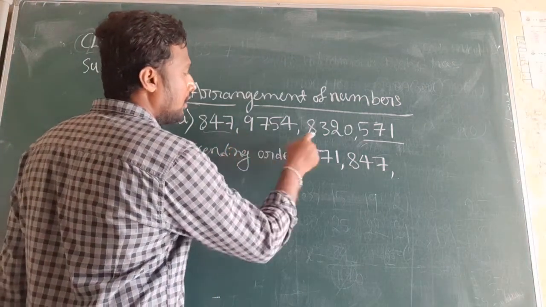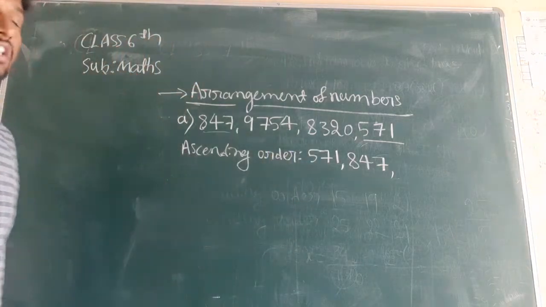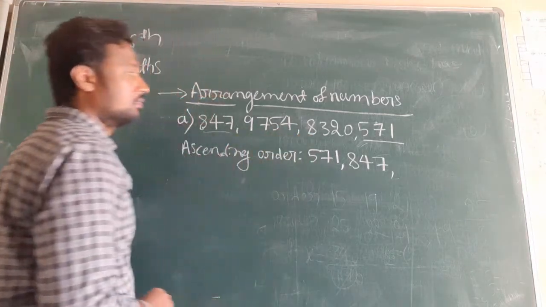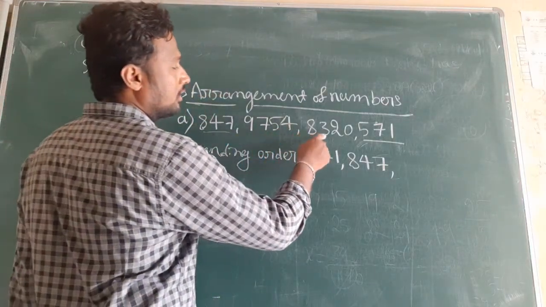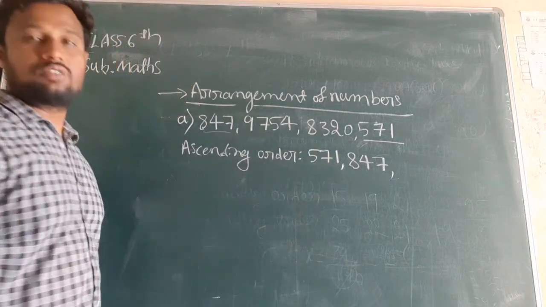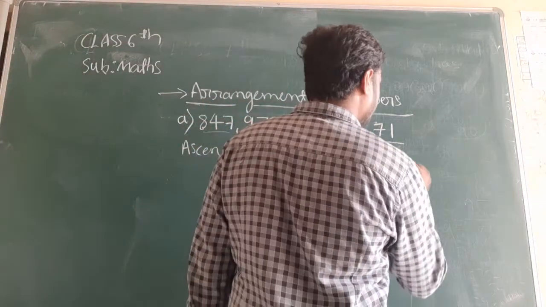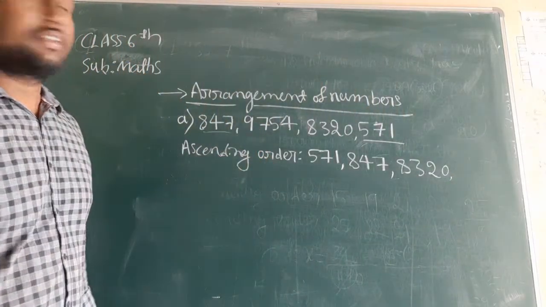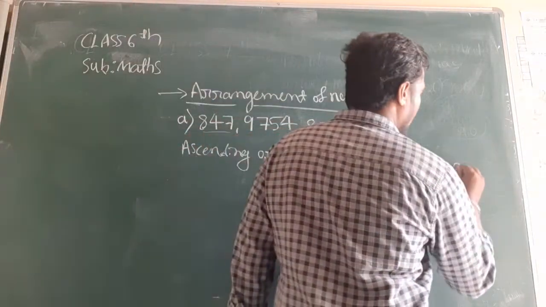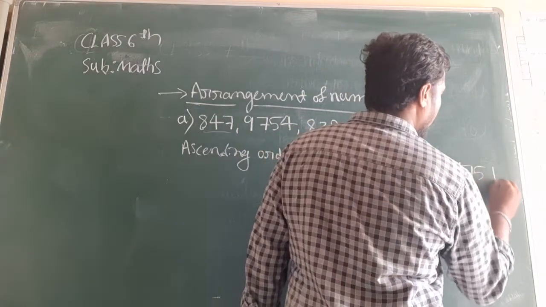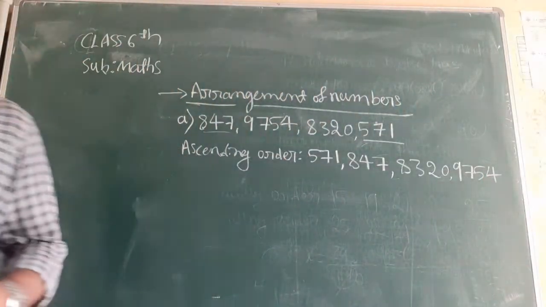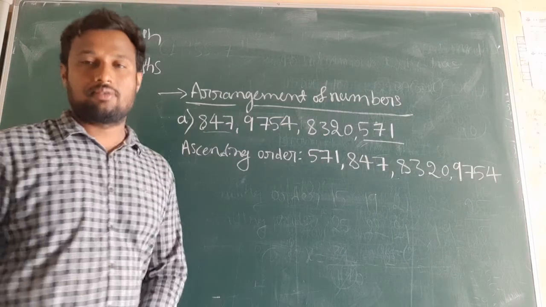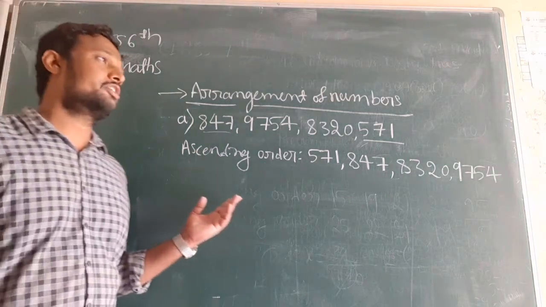Here we have 9 and here it is 8. Which is the greatest value? 9 is greater than 8. Okay. So 8,320 is the next smallest value. So here I will write 8,320. Next, what is remaining finally? 9,754. So this is how to write the numbers in ascending order. You just have to first select the smallest number.